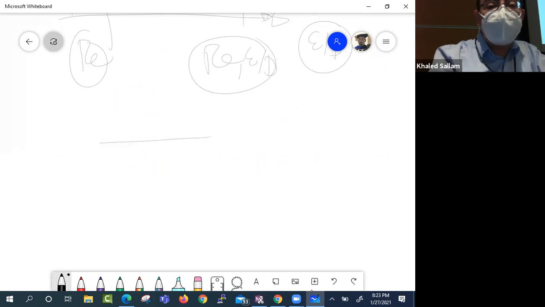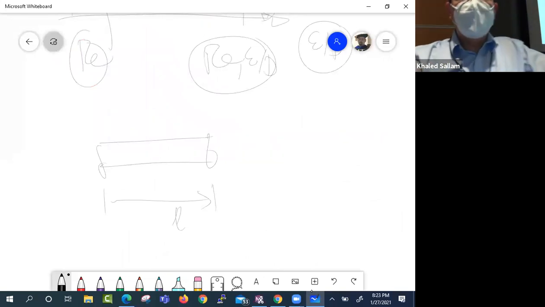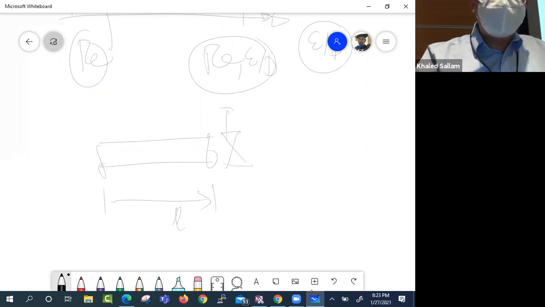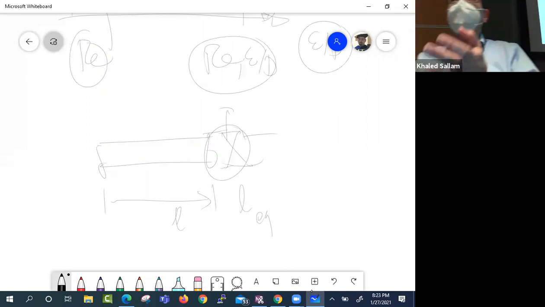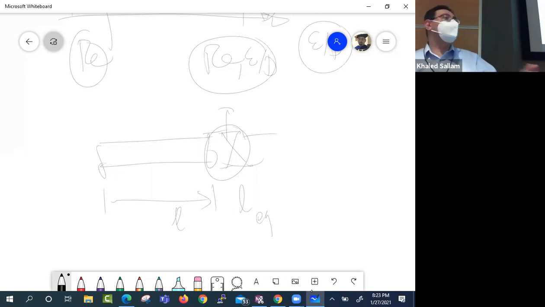They can express the pipe in lengths, like you have 4 feet of pipe or 40 feet of pipe. But even the elbow or the valve or all those minor losses can be expressed in L equivalent. So what is L equivalent, the equivalent length? They will tell you that the valve is as if you made the pipe 1 foot longer. The losses in that pipe are as if you got extra length of pipe.